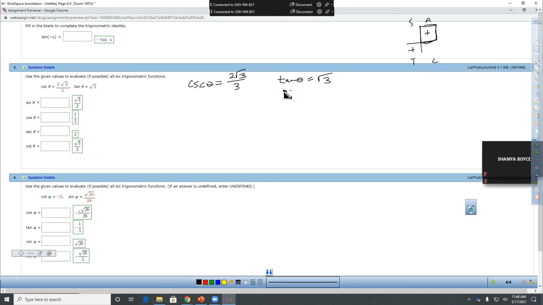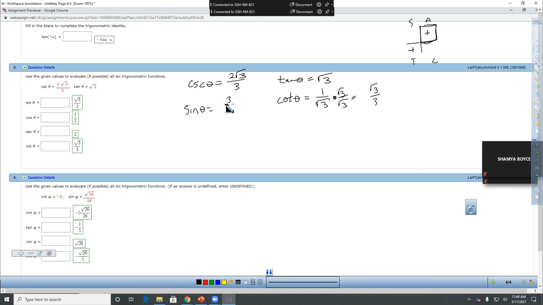Now, we can easily find cotangent because it's the inverse of tangent. So this would be 1 over the square root of 3, which, if I multiply top and bottom by the square root of 3, would be the square root of 3 over 3. Now cosecant is the inverse of sine. It's 1 over sine.